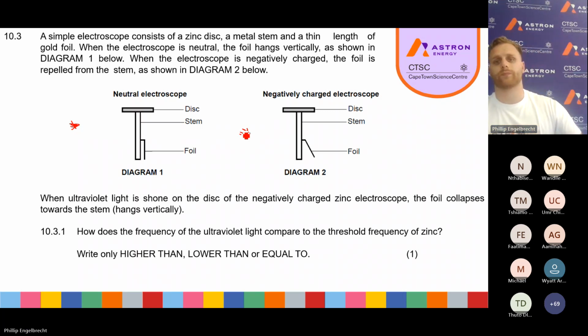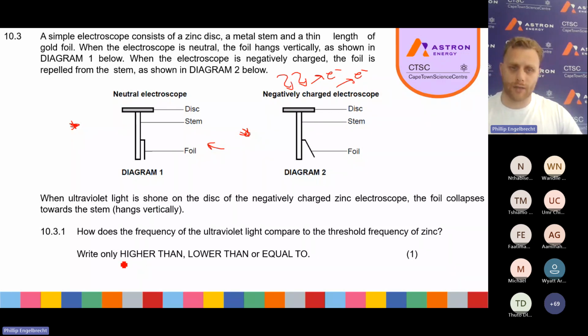Remember, I am shining ultraviolet light and it's causing something to be emitted. It's causing these electrons to be emitted. That makes this whole thing neutral and that causes it to collapse. So how does the frequency of ultraviolet light compare to that of my threshold frequency? It is greater than.